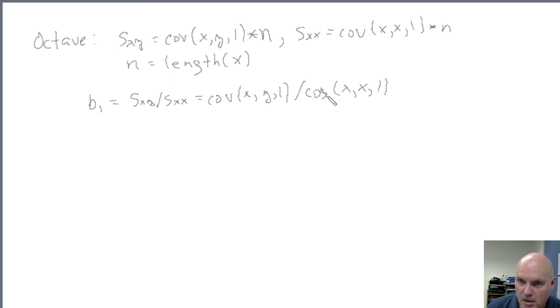But similarly for the covariance of x and x, it would be the sum of the x squared terms divided by n minus 1, and that term would cancel out. And then to get B0, it's the mean of y minus, now that we have B1, B1 times the mean of our x values.